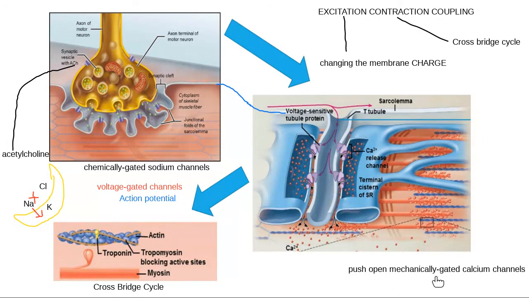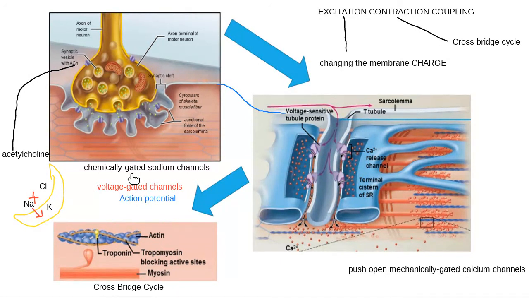The way I get my mechanically gated channels to be pushed open is to use something that's listening for the charge on the membrane. And the way I make the charge wrong is because of my voltage-gated channels that moved that charge, that started way back at day 1 with chemically gated channels.